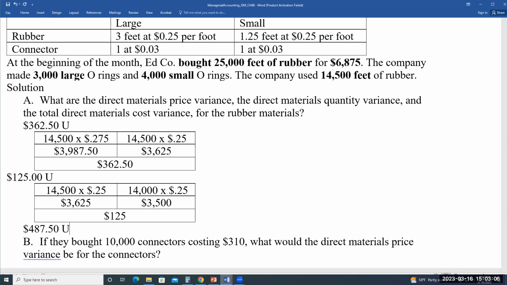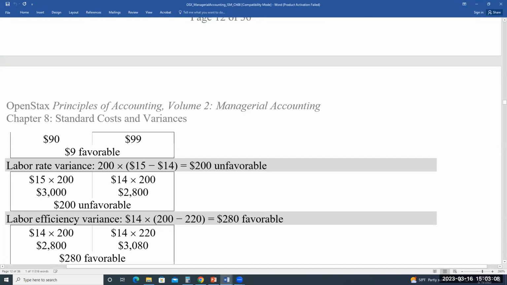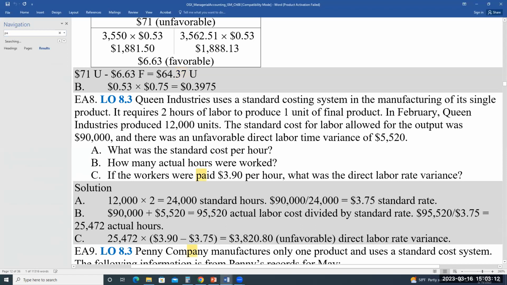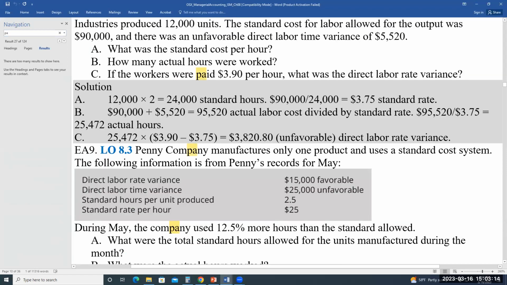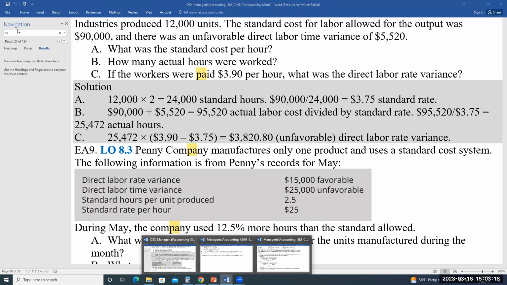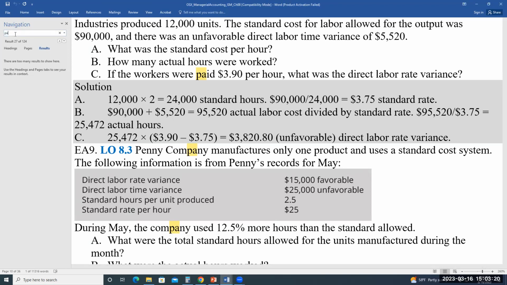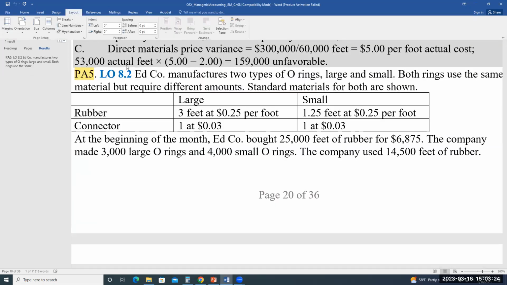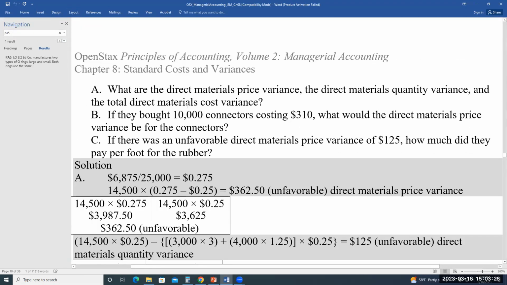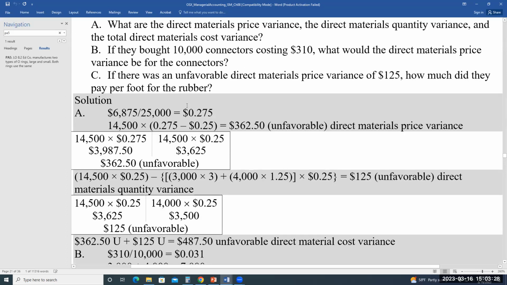Unfavorable. Yeah, well, what number are we on? Anybody know? 5? Okay. That sounds right. $487.50. Good.